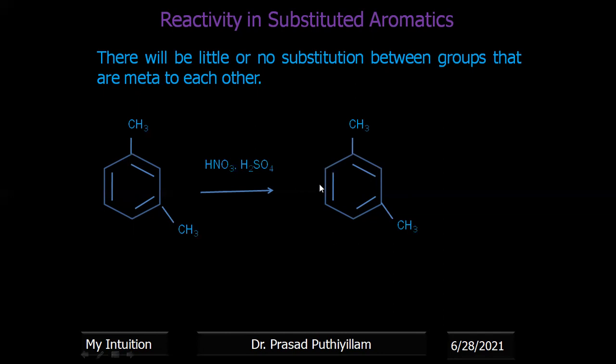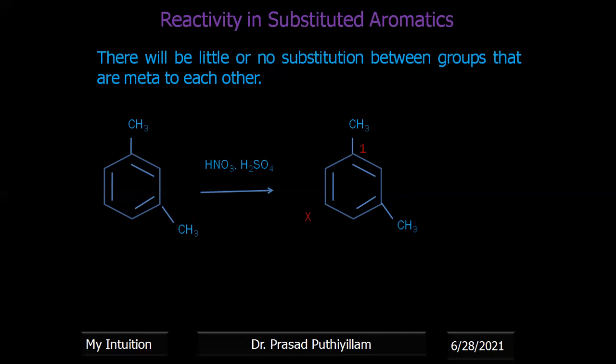This is the ortho position, meta position. For the second CH3 group, ortho position, meta position. That means at the position meta to each other, no substitution. For both CH3 groups, that meta position is not at all possible. The NO2 group cannot come to this particular position.